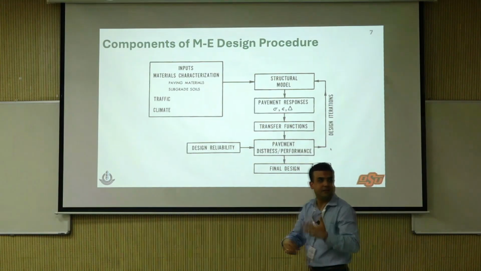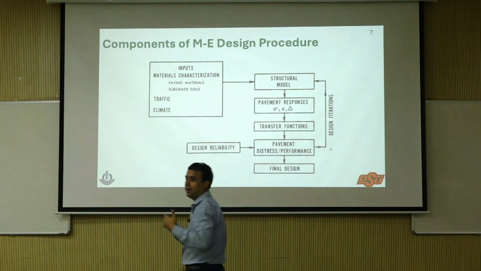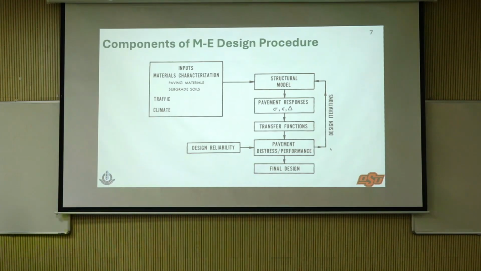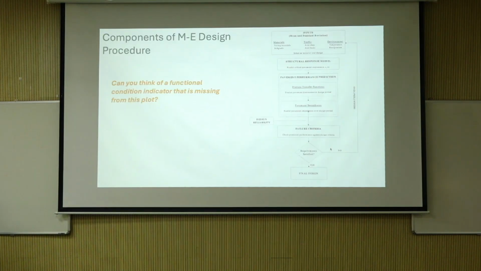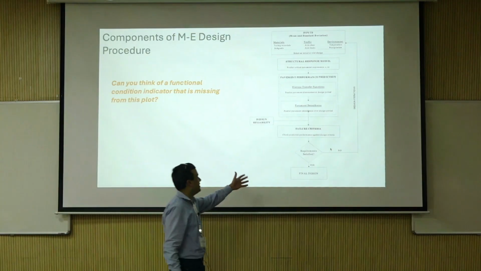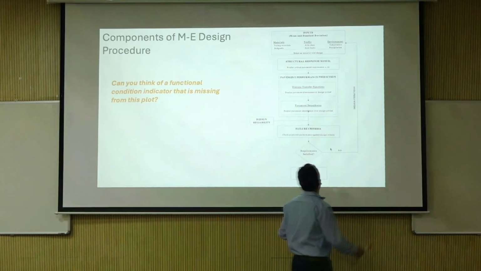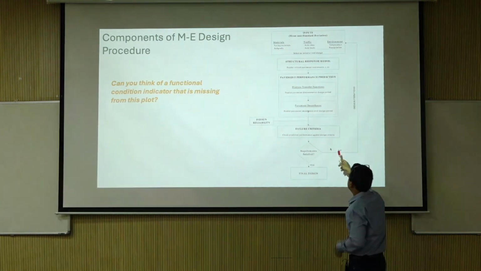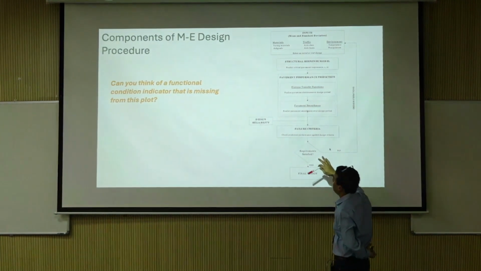You analyze, you predict, and then you reiterate. That's how you optimize the design. Okay, the very last thing, this is another way of the same graph, and it talks about pavement smoothness here, and you can set failure criteria and design reliability here.